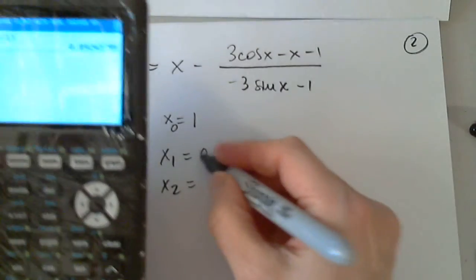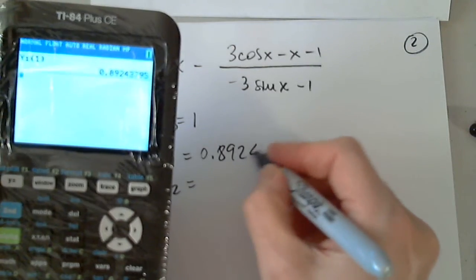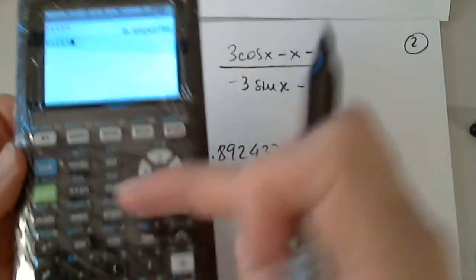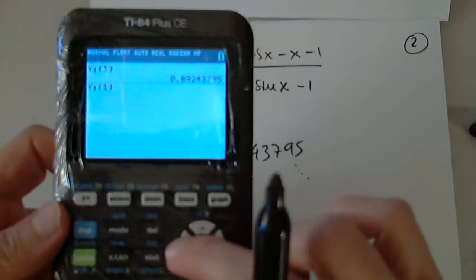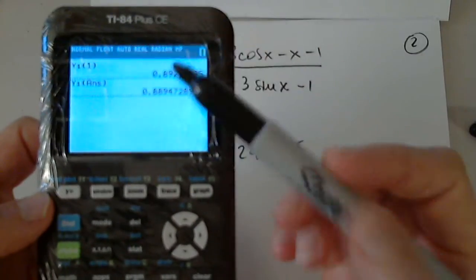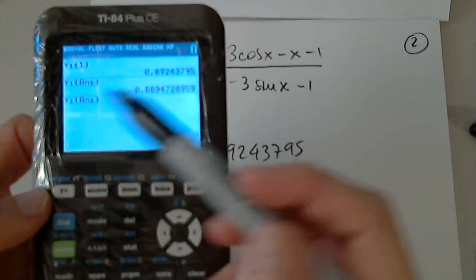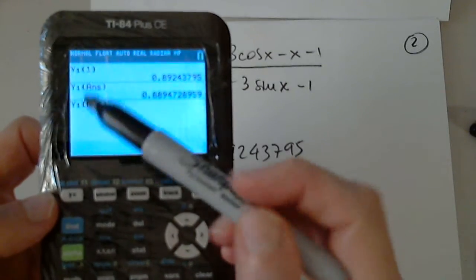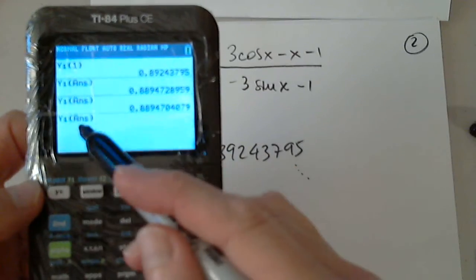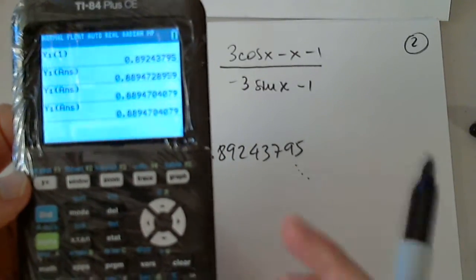And this is your first x1, the first iteration, 8, 9, 2, 4, 3, 7, 9, 5. And when you copy the previous entry, you just overwrite the 1 with the previous answer. And this will stay forever, meaning if I do the same thing again, it will enter this answer, and then it will enter the next answer, and so on and so forth.